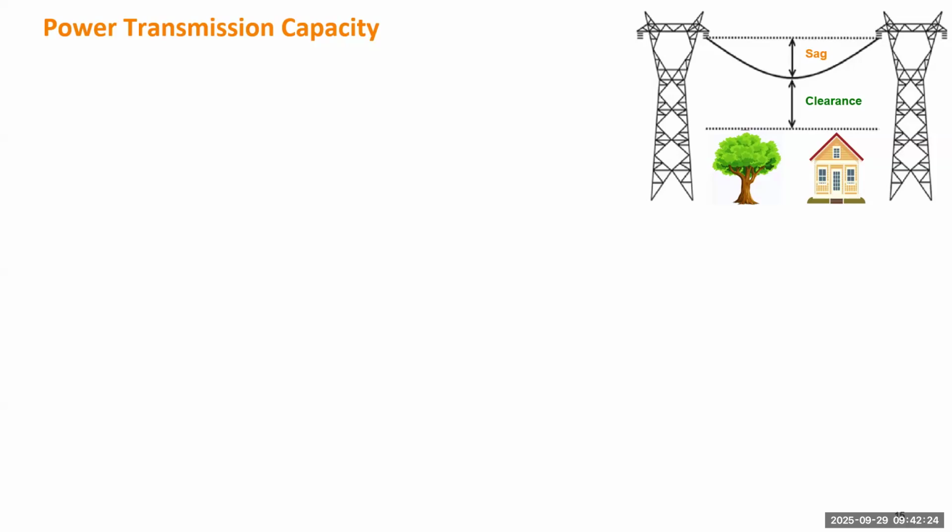There will be a sag, which means at the middle point it will be closer to the ground. But usually we want to control that sag. We don't want that sag to be too large, depending on the distance to the trees or houses under the line. We want to make a safe clearance above those buildings and the trees, otherwise they can cause a short circuit.